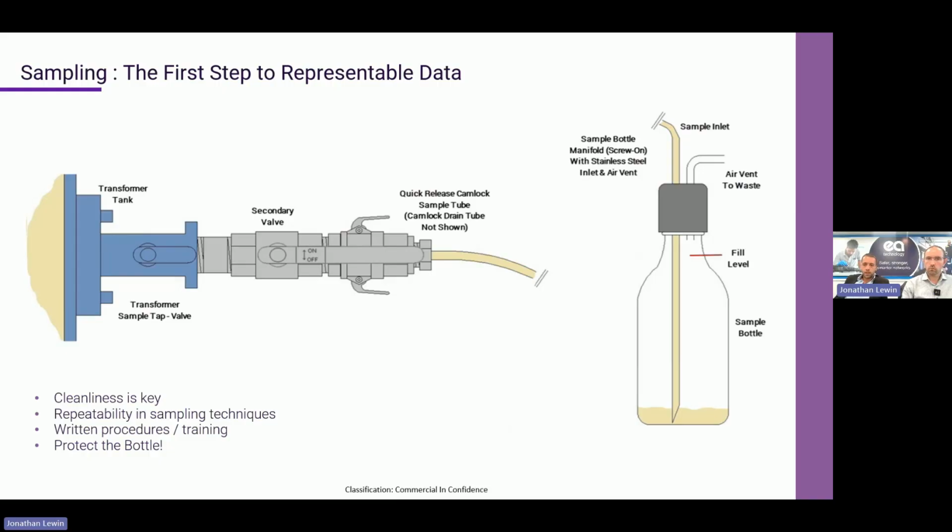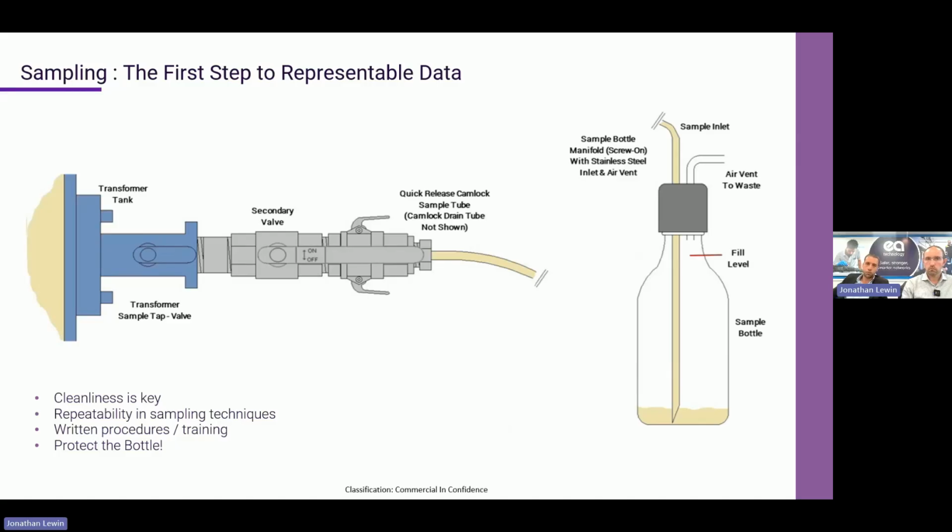So when it comes to sampling with oil analysis as a laboratory, what we're doing is determining the condition of the oil in that bottle that's sent to the lab. As such, it's imperative that the condition of the oil in the bottle is representative of the condition of the oil inside that asset. How that's done is by ensuring a good quality sample is taken from the asset.